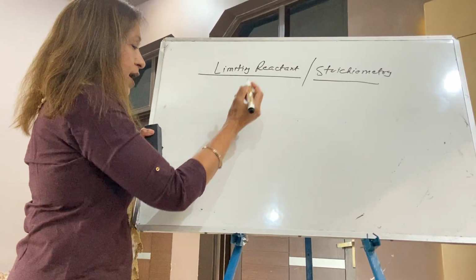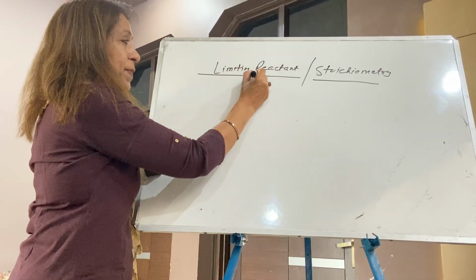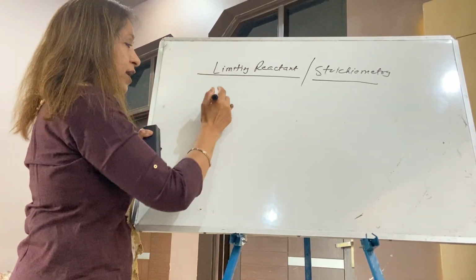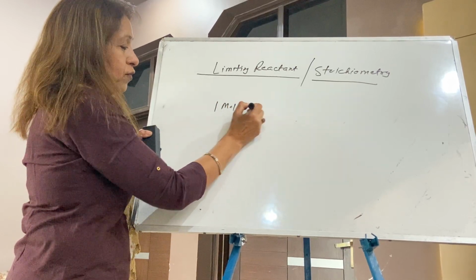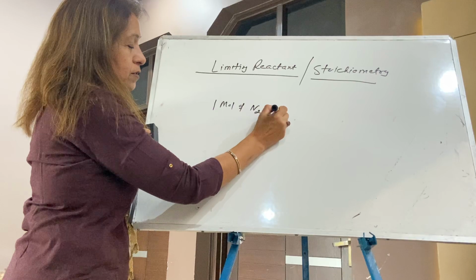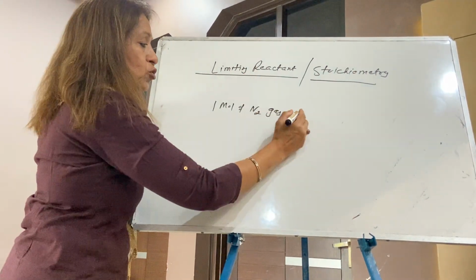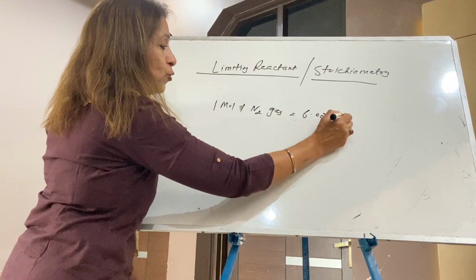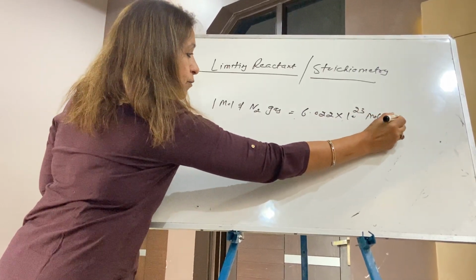Now again I am revising the theory of the mole just for 1 minute. If I say 1 mole of nitrogen gas, you know gas is made up of molecules. You will immediately write 6.022 into 10 to the power 23 molecules.